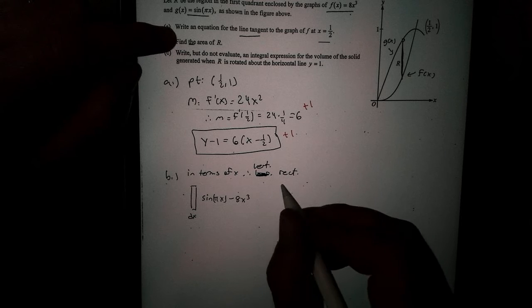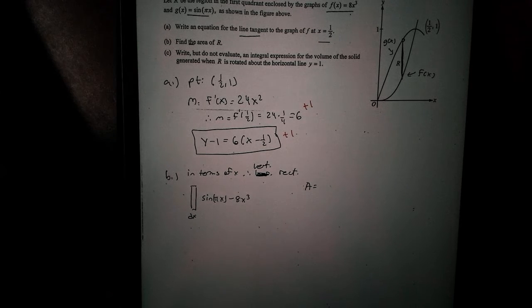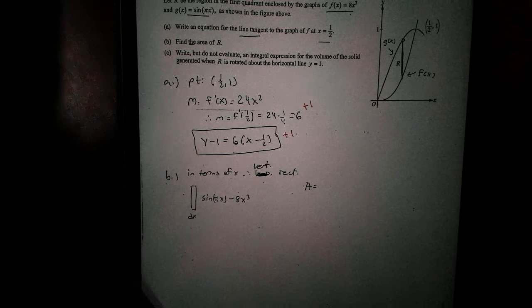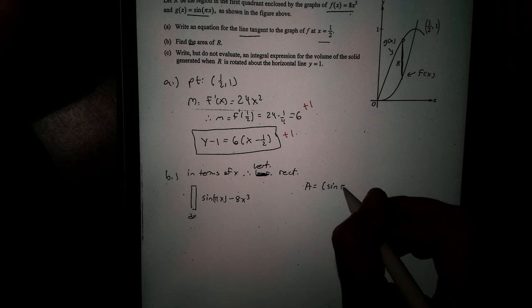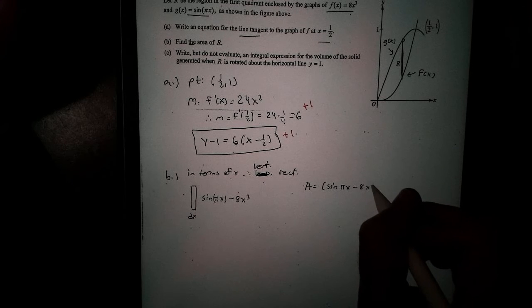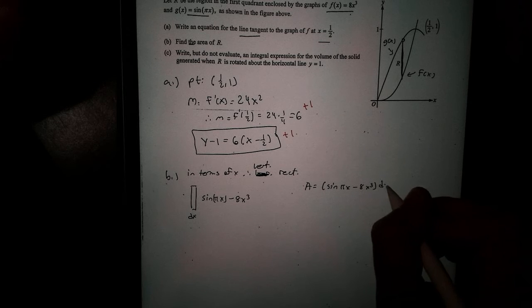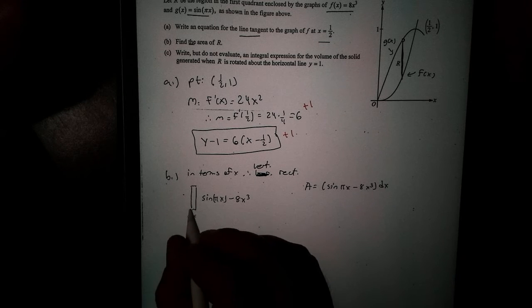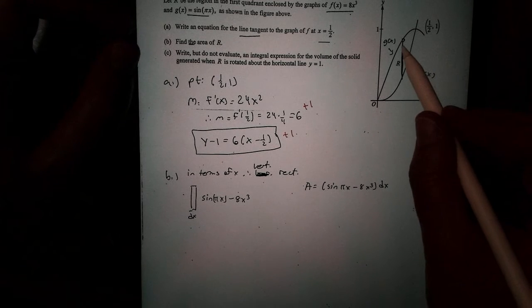To write our area equation, all we have to do is multiply our sine of pi x minus 8x cubed, our length, times our width, that dx. Remember the dx, because that's the skinny part at the bottom. Now this finds the area of one skinny little rectangle.